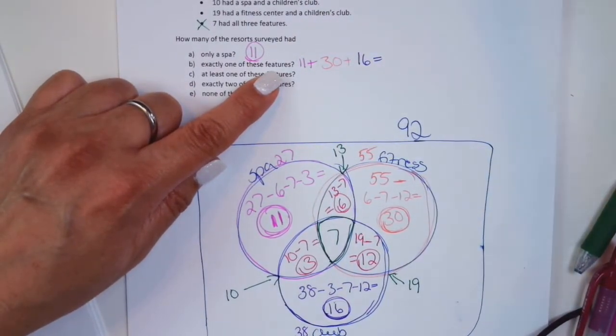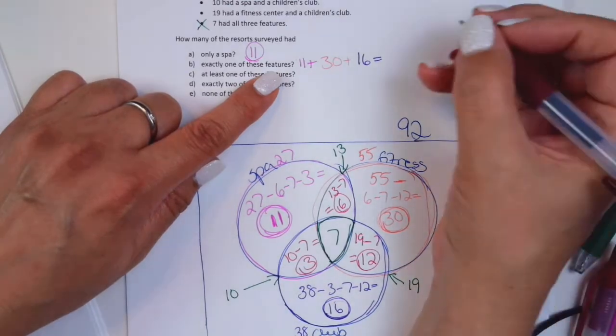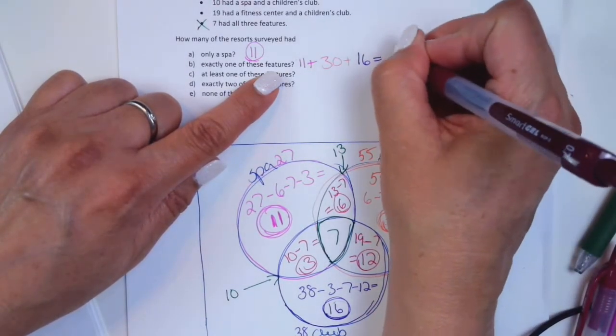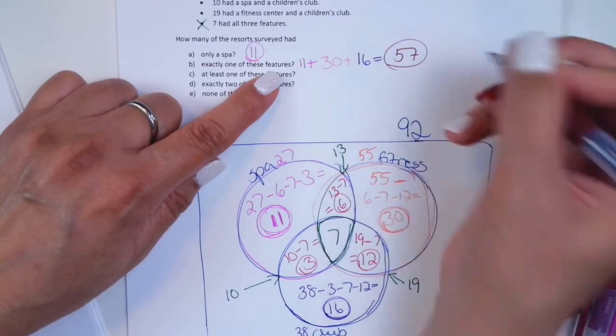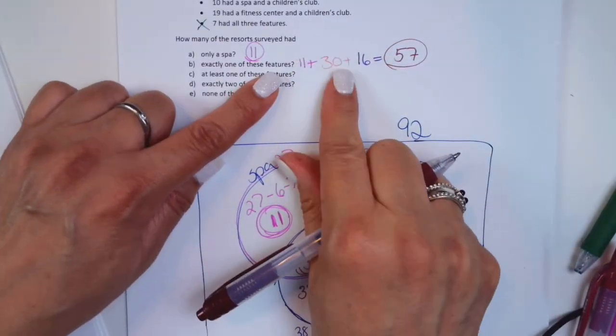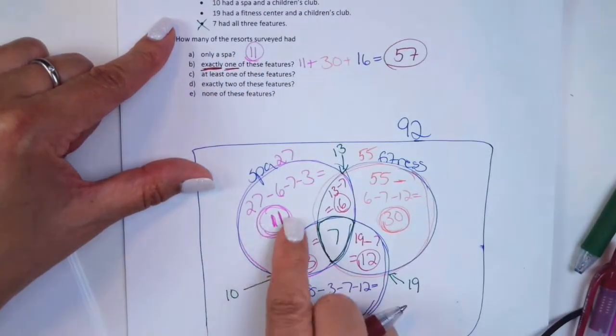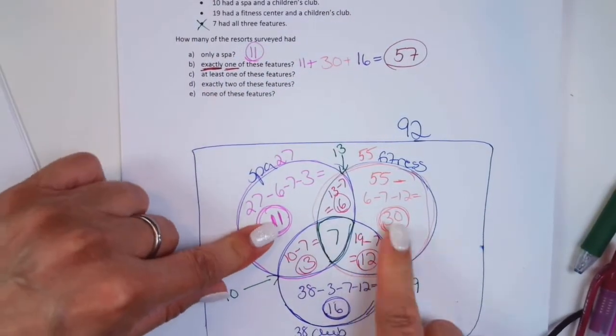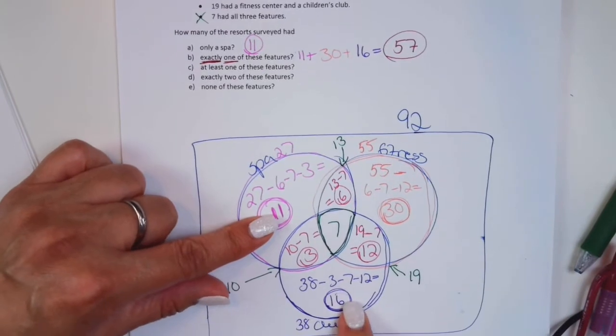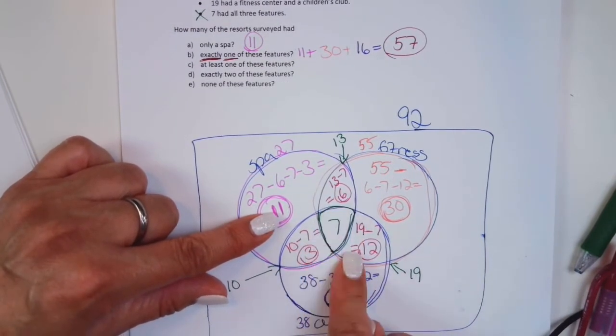So this equals 57. 11 plus 30 plus 16. So exactly 1 are all of these, where they are not intersecting with the other circles.